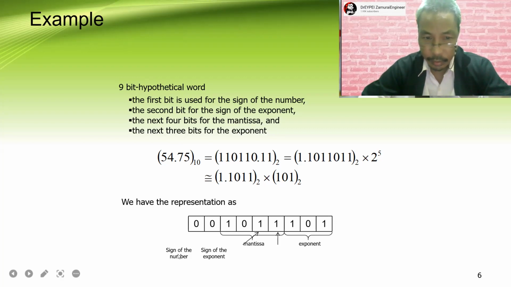So sign of number, this refers to the first bit. The second bit, sign of the exponent. Then the 4 bits that follow, it is mantissa, and then the last 3 is the number of exponent, the exponent itself.